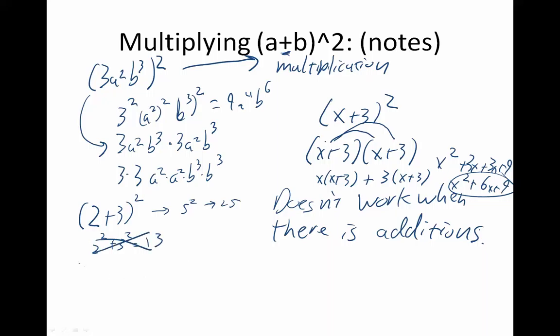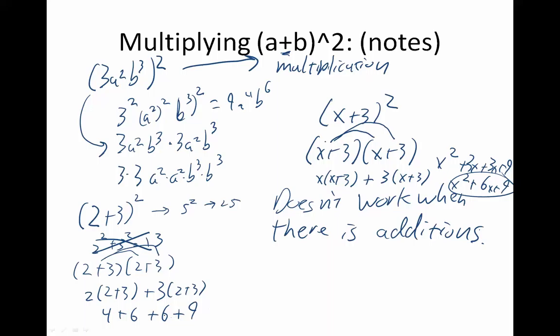But if you were to go (2 + 3) times (2 + 3), and then distribute, so we have 2 times (2 + 3) and 3 times (2 + 3), we would get 4 plus 6 plus 6 plus 9, which is 15 plus 10, or 25. So, proving it with numbers, 2 squared plus 3 squared does not work. Don't do it. So this is not x squared plus 9. There is this middle term, this 6x, that needs to be put in there.